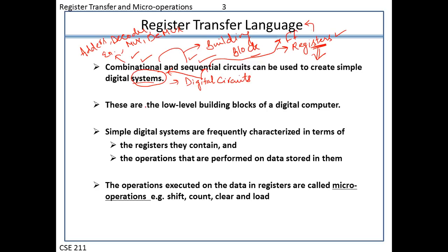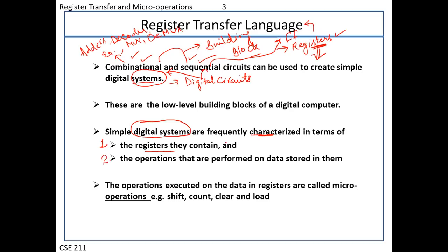There are some basic reasons why we need to learn about the registers in computer organization and design. The very first thing is that these digital systems are basically characterized in two ways. The very first way is the number of registers, or the type of registers, they consist of.